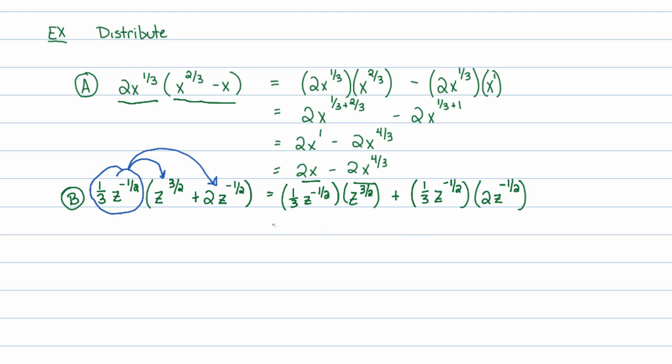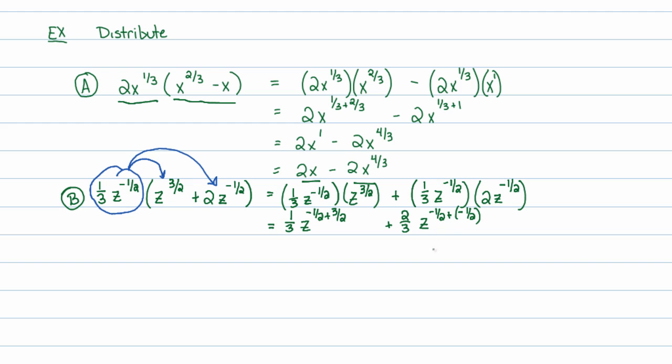All right, let's clean this up. In this first term, I have 1/3, and that's it. I'm not multiplying it by any numbers. And I have z to the negative 1/2 times z to the 3 halves, so I'll add their exponents. Plus 1/3 times 2 is 2/3, z to the negative 1/2 plus another negative 1/2.